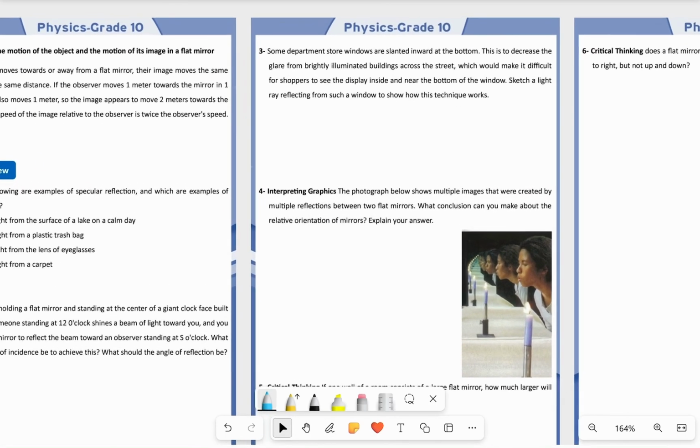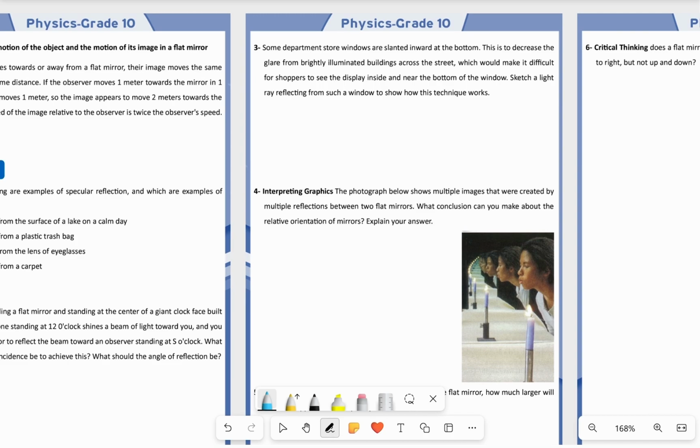We have this question. Some department store windows are slanted inward at the bottom. This is to decrease the glare from brightly illuminated buildings across the street, which would make it difficult for shoppers to see the display inside and near the bottom of the window. Sketch a light ray reflecting from such a window to show how this technique works.